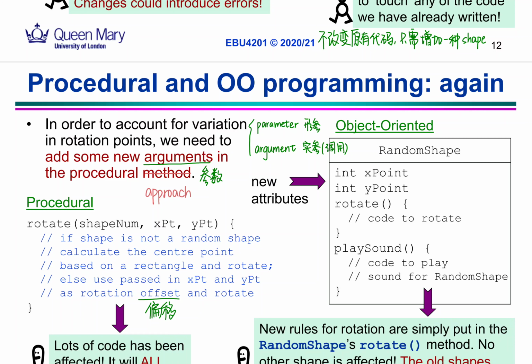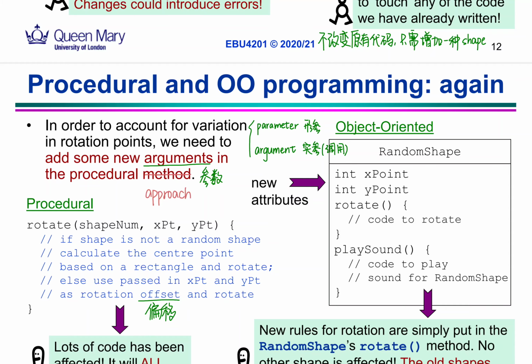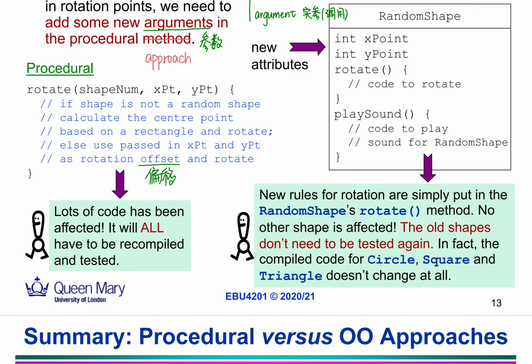With a new attribute, we can just change the rotate code.